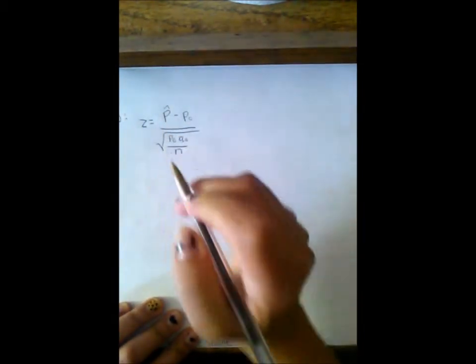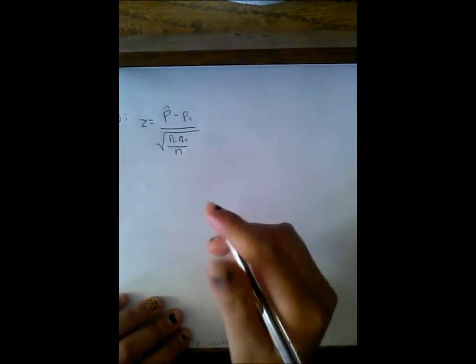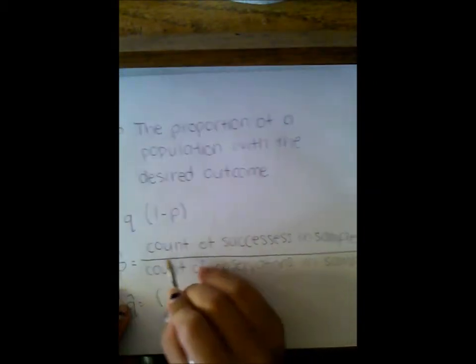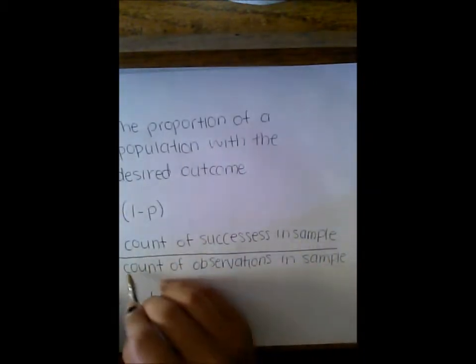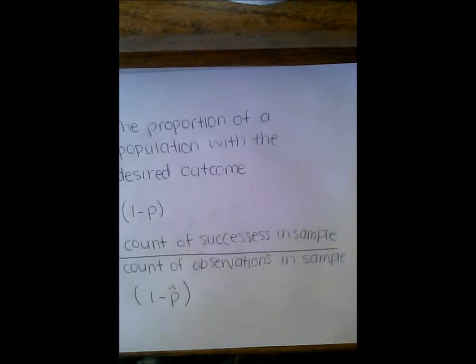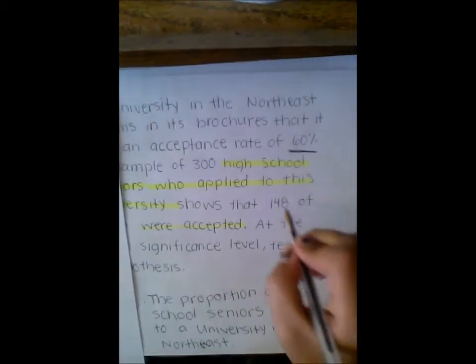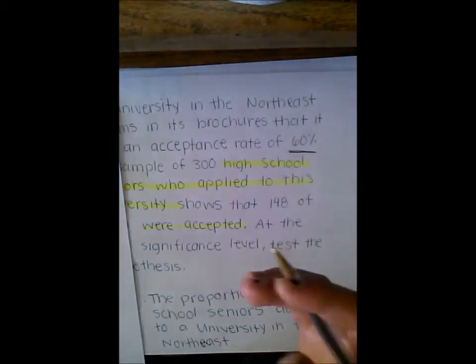So we need to know what p hat is. To find p hat, we need the count of successes in a sample and the count of observations in a sample. The count of successes was how many people got accepted.